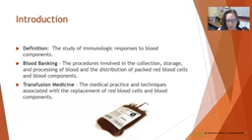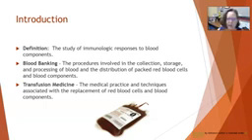So what is immunohematology? It's the study of the immunologic response to blood components. Blood banking, more specifically, are the procedures involved in the collection, storage, and processing of blood and the distribution of packed red blood cells and blood components. So blood banking is involved in you donating blood and it getting processed and distributed to the local hospitals that need it.